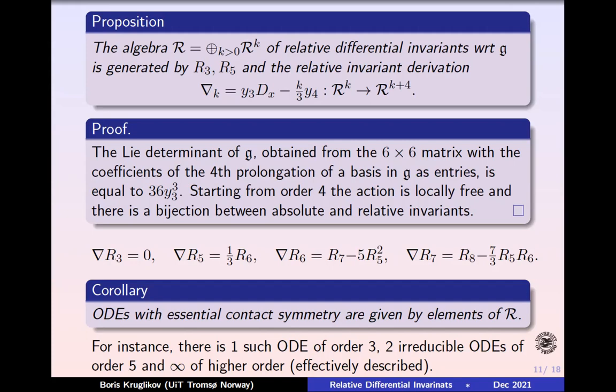And those ODEs that have essential contact symmetries are just few. They are actually described completely by elements of this algebra of relative invariants. So we have complete control over all such equations. For example, there's one ODE of order 3, y triple prime equal to 0, 2 reducible ODEs of order 5, and then actually there are moduli, but they can be effectively described in high order.